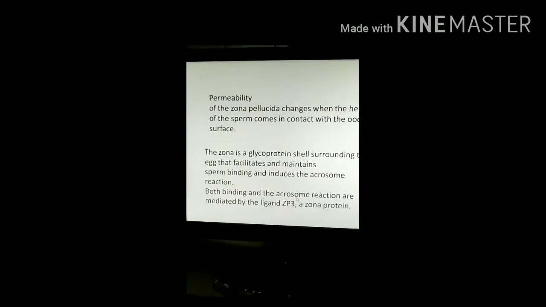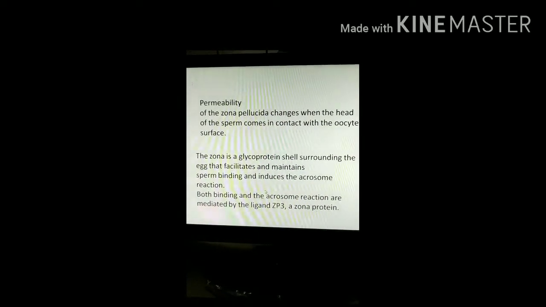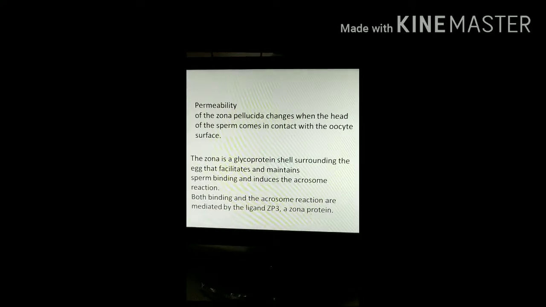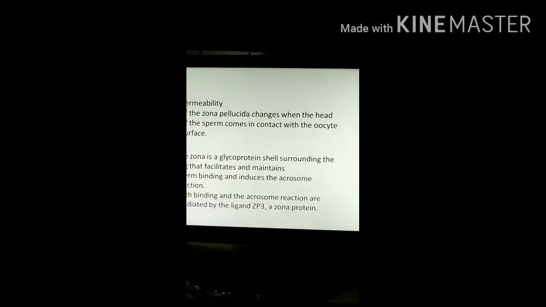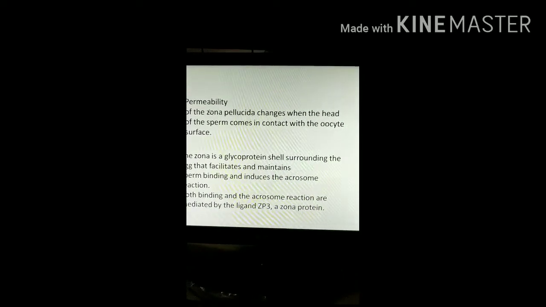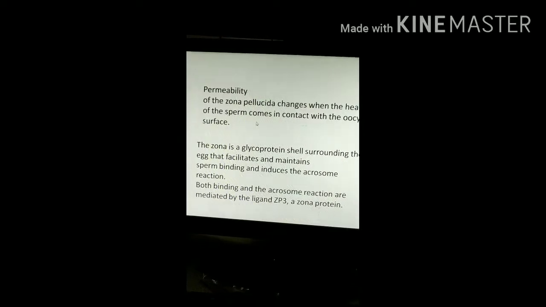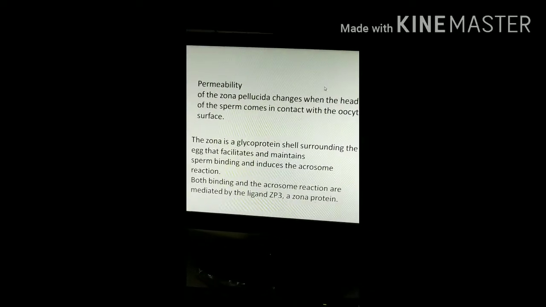What happens after penetration of the zona pellucida? As soon as the sperm penetrates, the zona pellucida changes its permeability, so it becomes impermeable to other sperm.